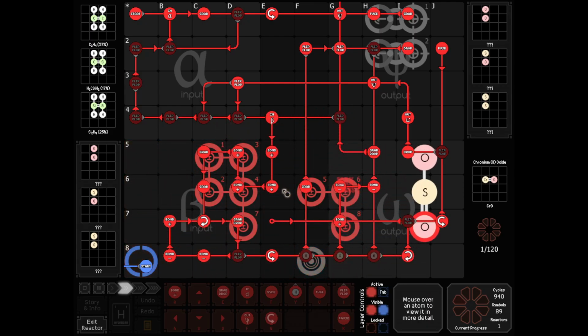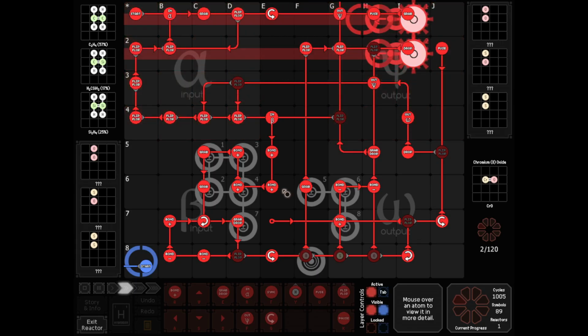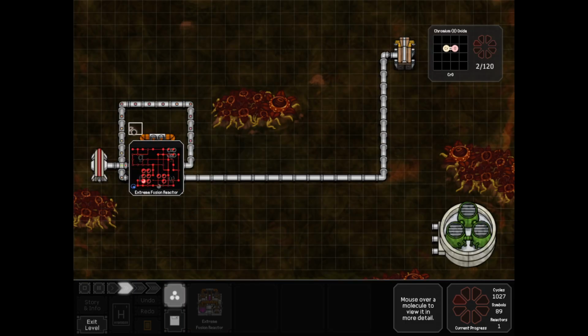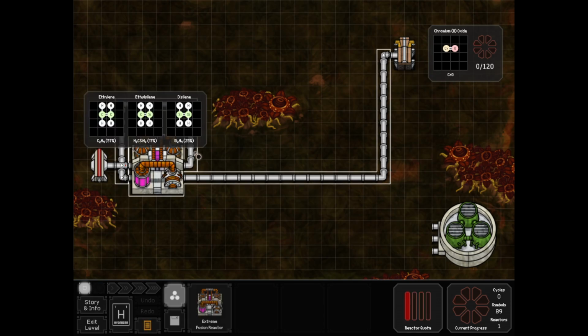I'm pretty sure it would run forever. I didn't test it extensively, but based on the way I designed this to be long enough to hold, yeah, this should run forever.